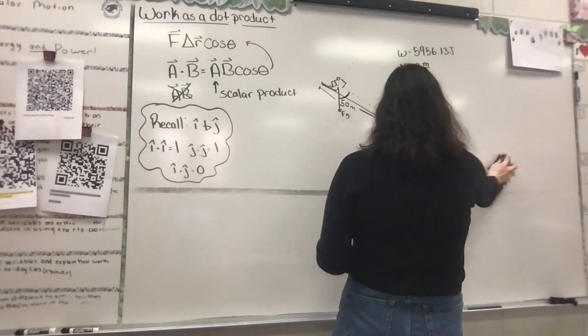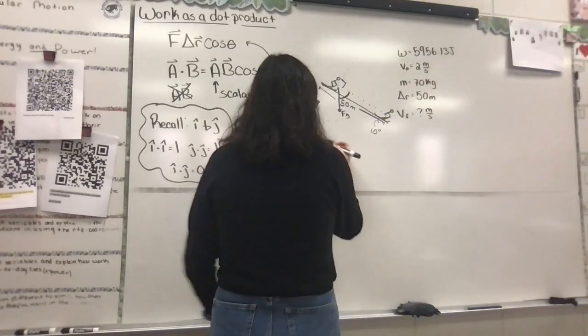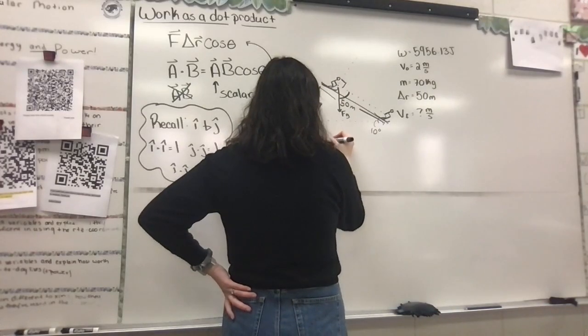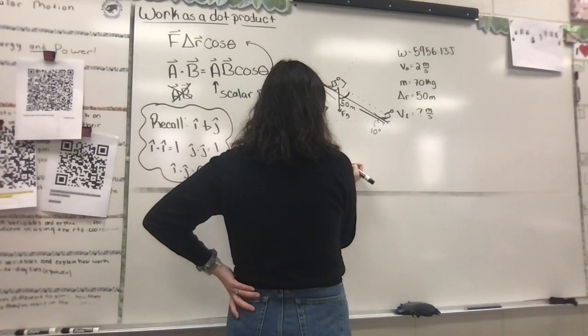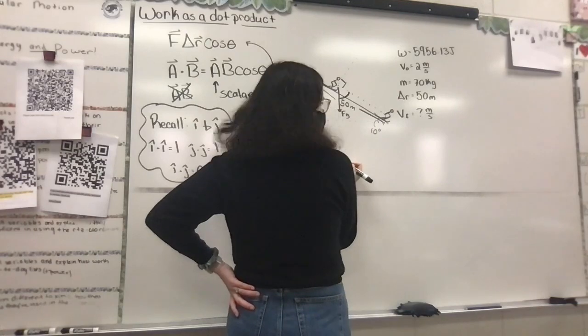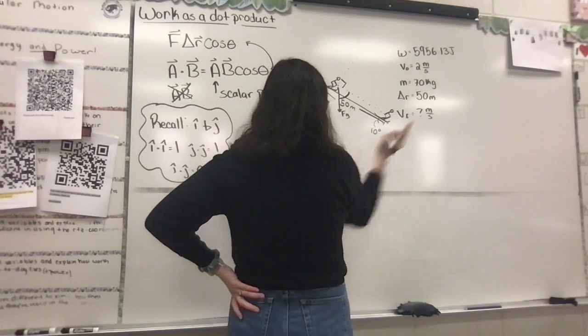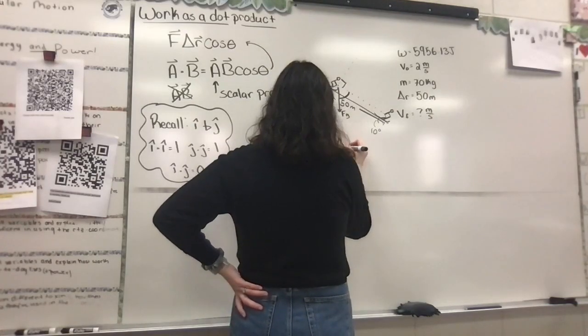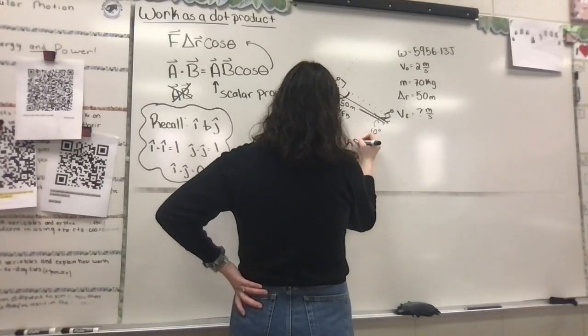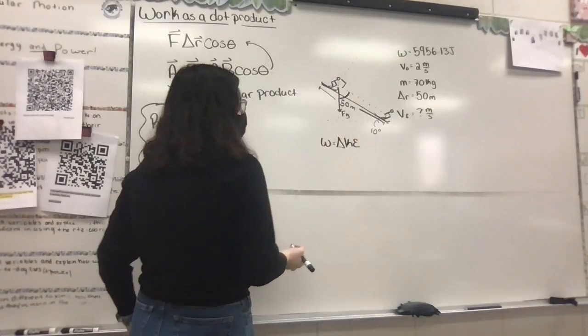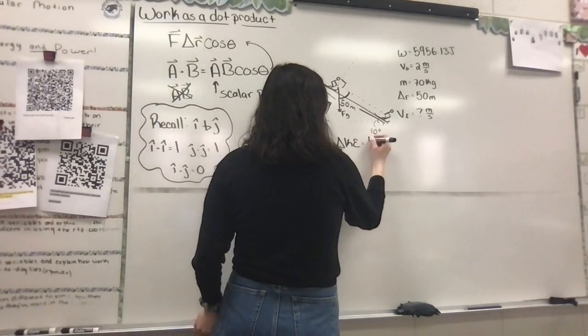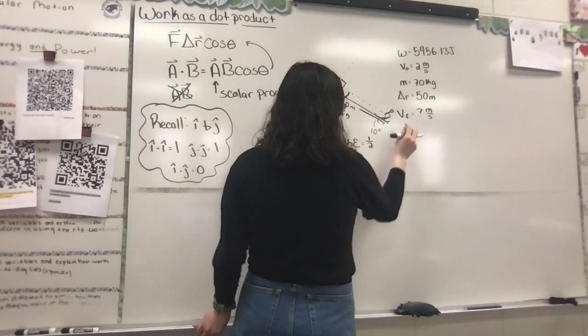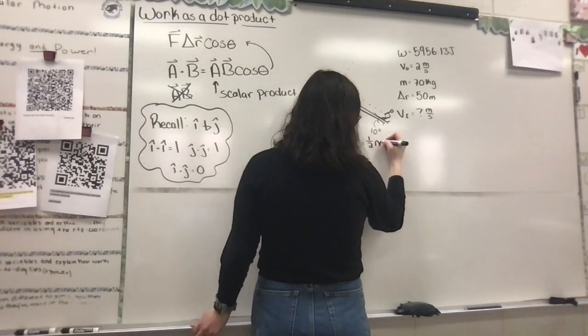What else do we know that work is equal to? Force times distance traveled. Change in kinetic energy. Remember, that's one of the other things we derived. And the change in kinetic energy just so happens to have velocity in it.